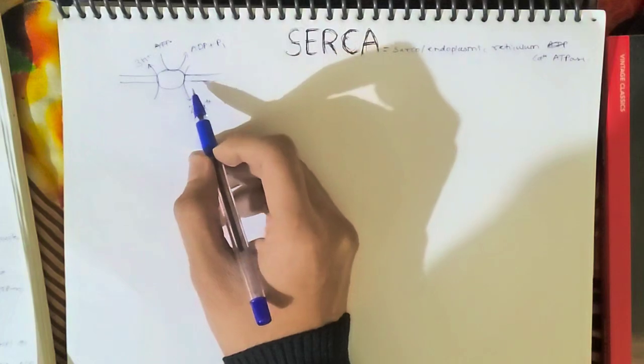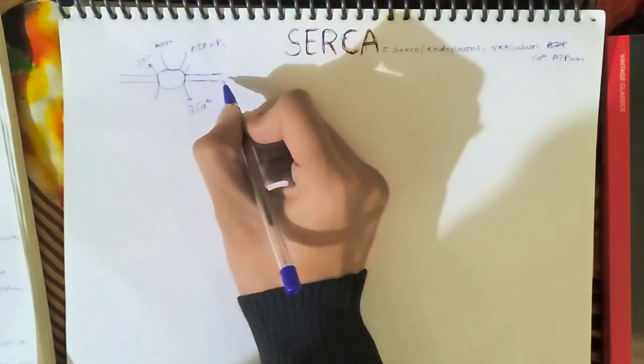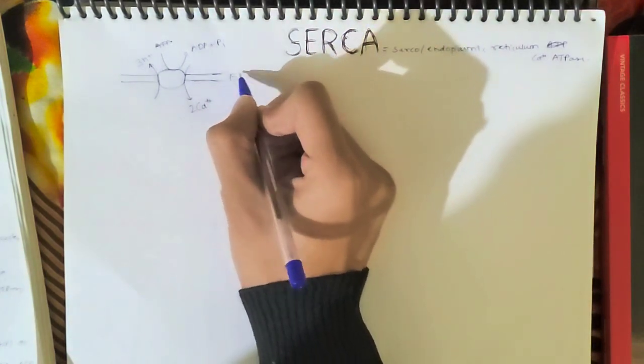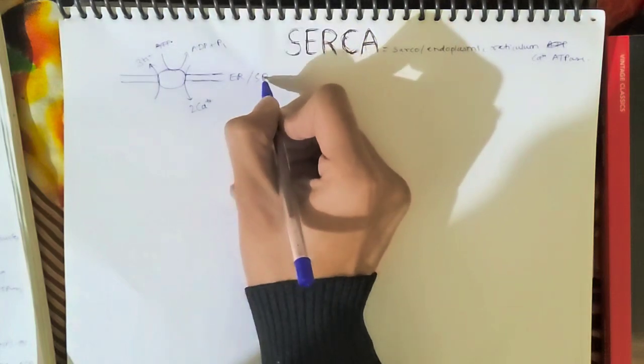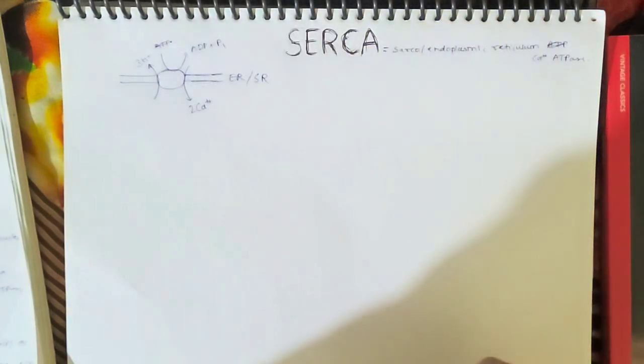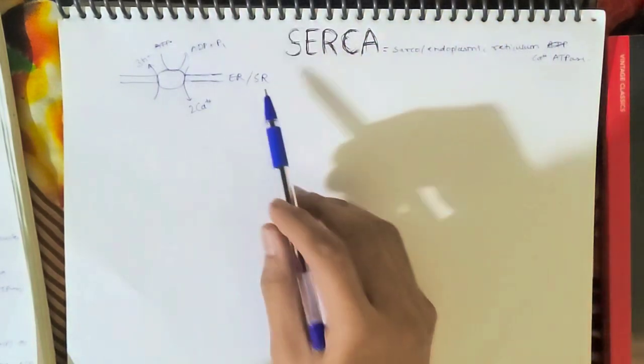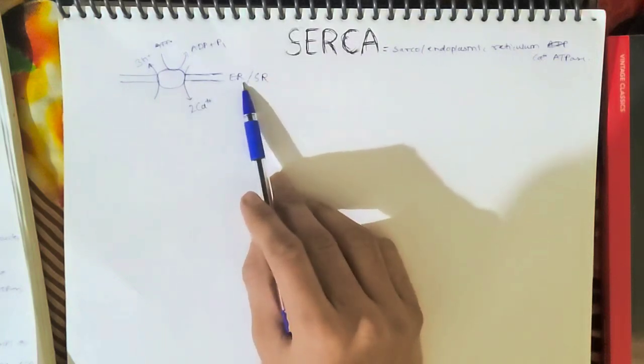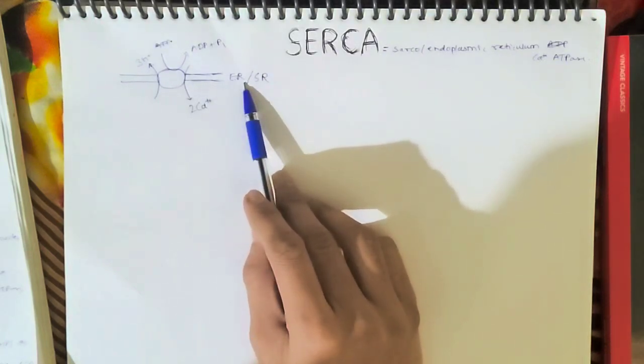This occurs mainly on the membrane of endoplasmic reticulum or sarcoplasmic reticulum, depending on which cell it is. If it is a muscle cell, then we will call it sarcoplasmic reticulum. If it is a normal cell, then we call it endoplasmic reticulum.